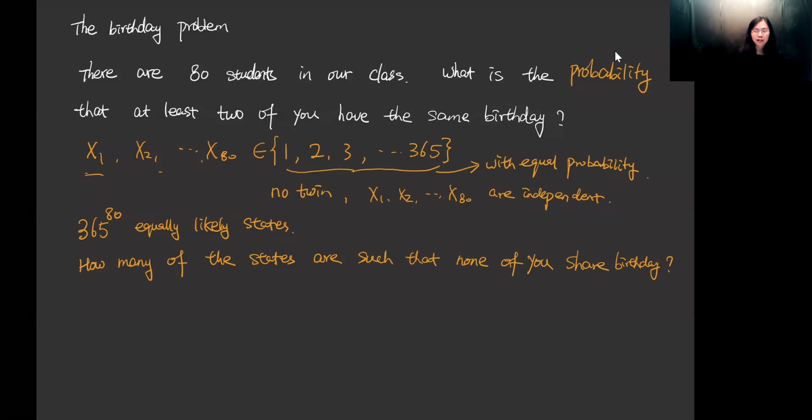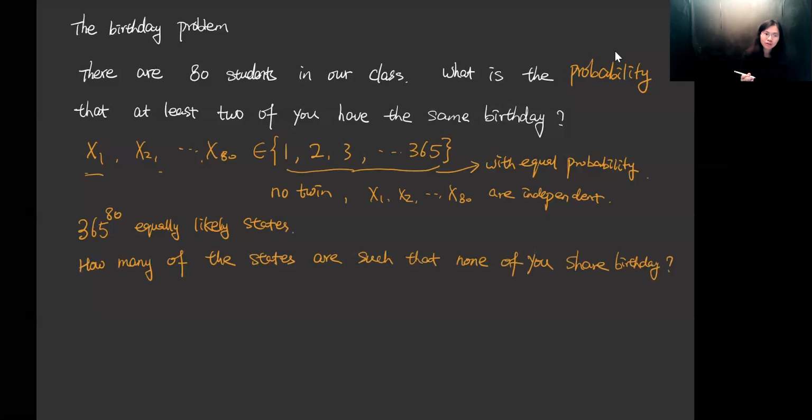If none of you share a birthday, that means the 80 of you have 80 different birthdays. And these 80 different birthdays are chosen from these 365 days of the year. How many possibilities are there? Well, what you are doing is actually choosing 80 numbers from these 365 numbers and putting them in 80 boxes. Because suppose each of you has a box, and God picks 80 numbers for your birthdays and puts them in your box, and that's your birthday.